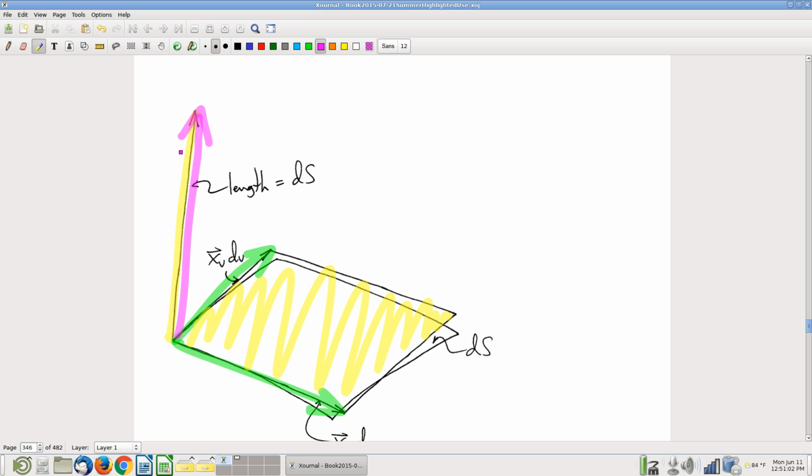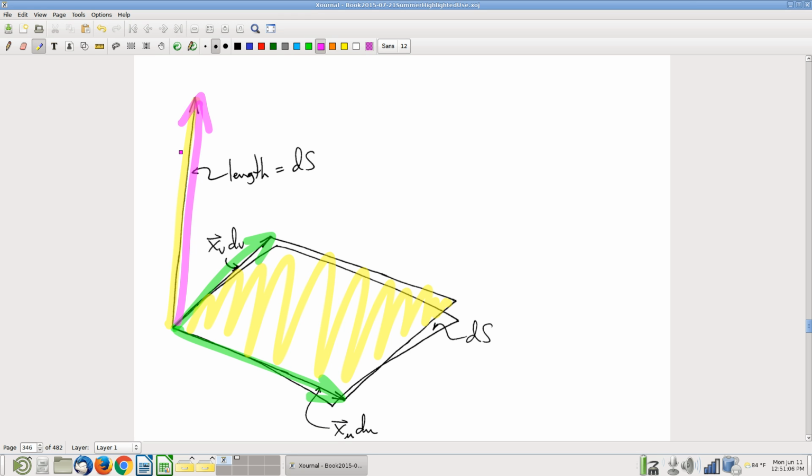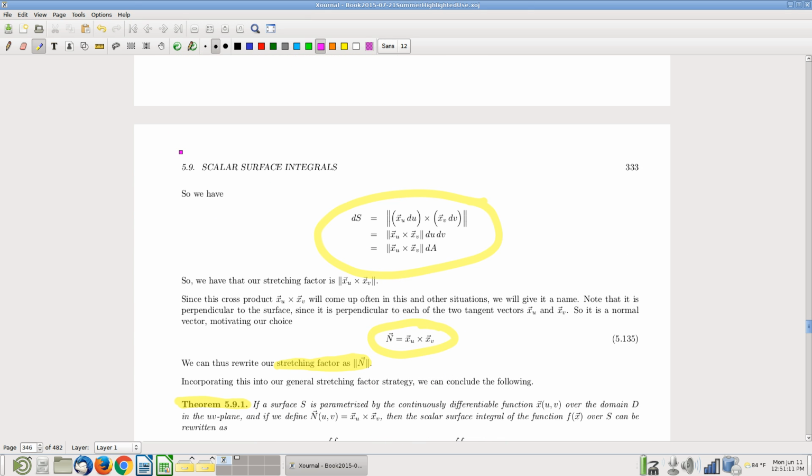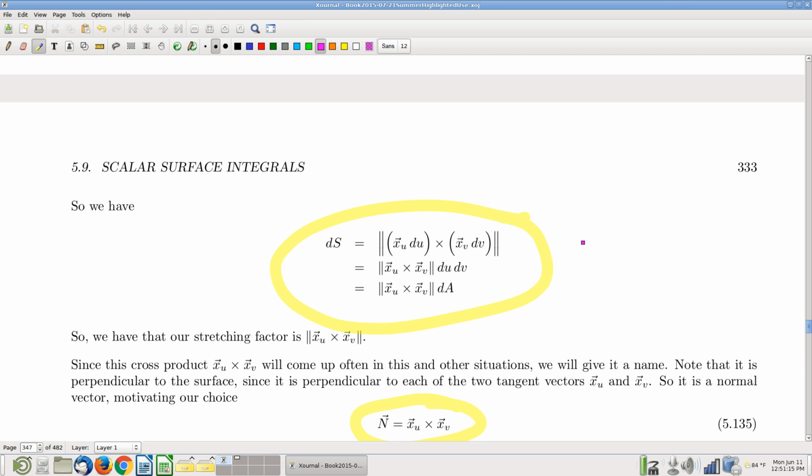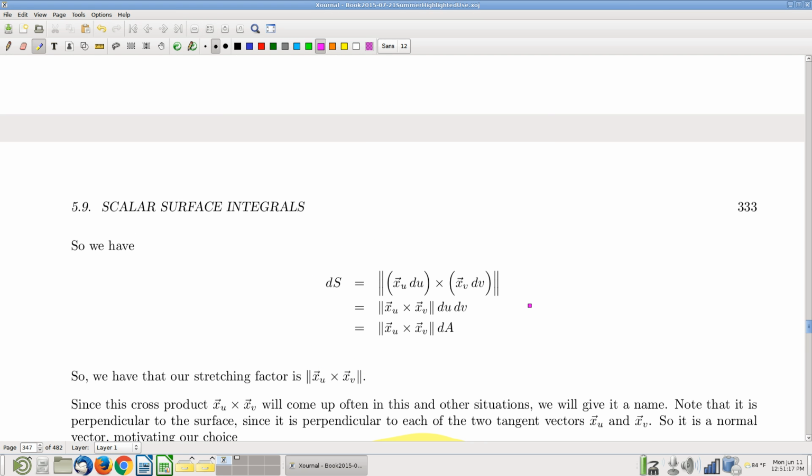The magnitude of that cross product, x_u du cross x_v dv. Okay, so that's right here. Let me zoom back in. So the area we're interested in is the magnitude of the cross product x_u du cross x_v dv. That's the thing we're interested in.